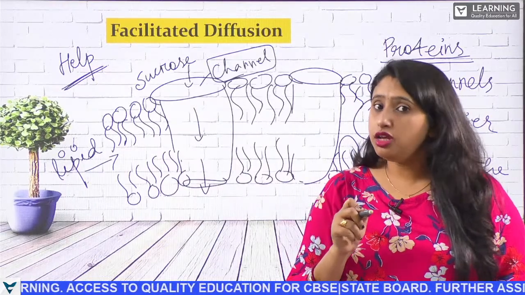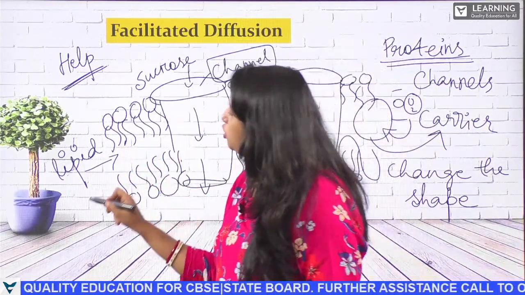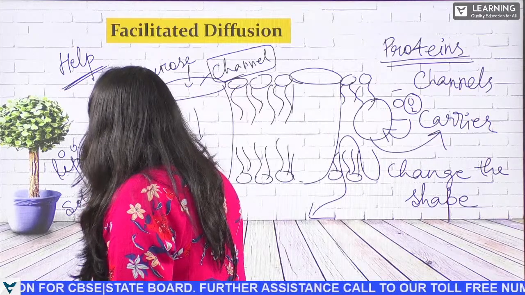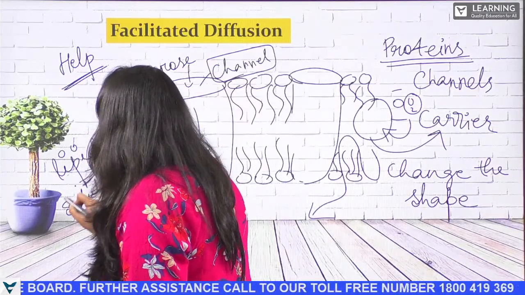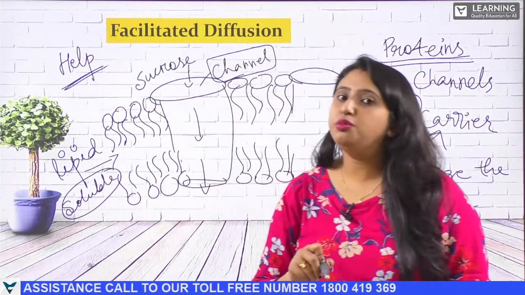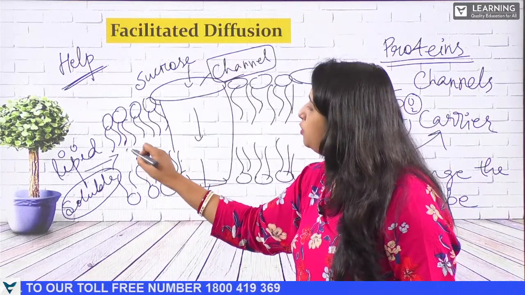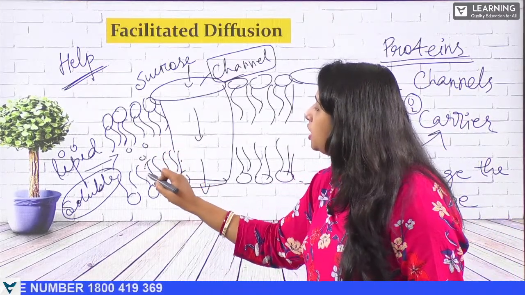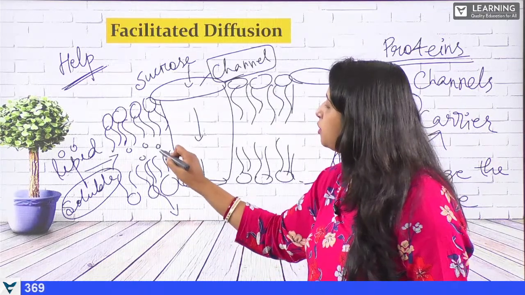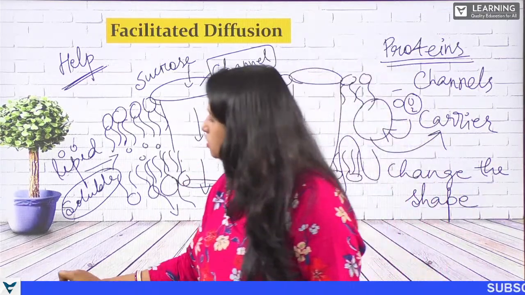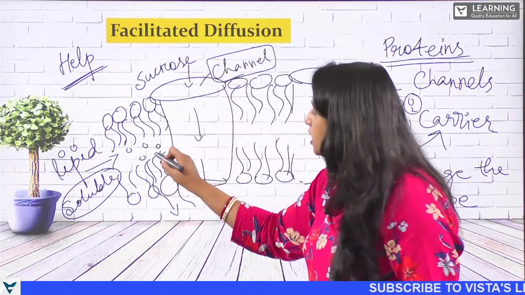So for passing any molecule, it should be soluble in lipid. If it is soluble in lipid, then only it can cross the plasma membrane. Is that clear?